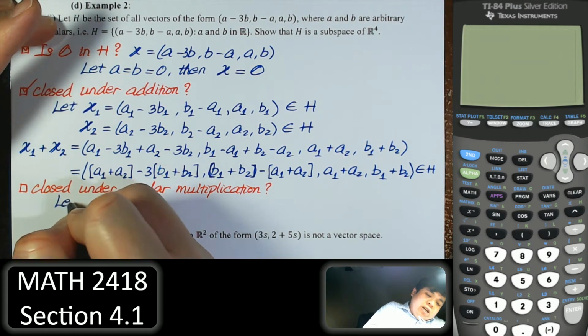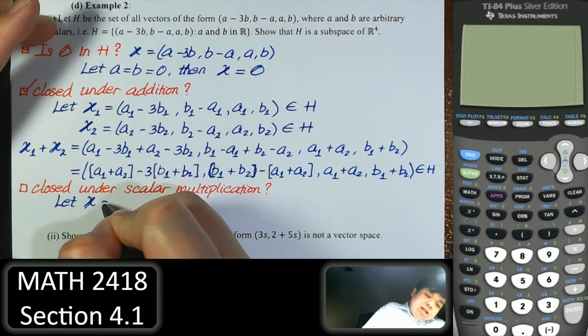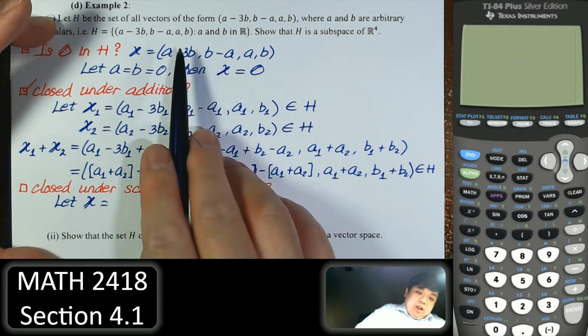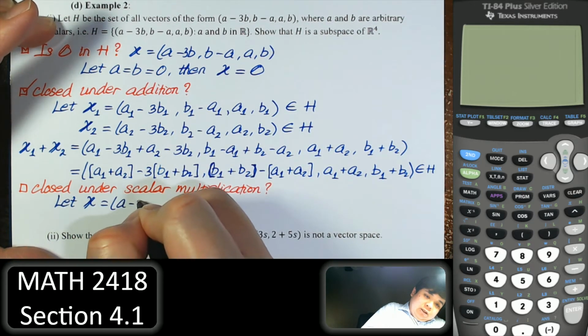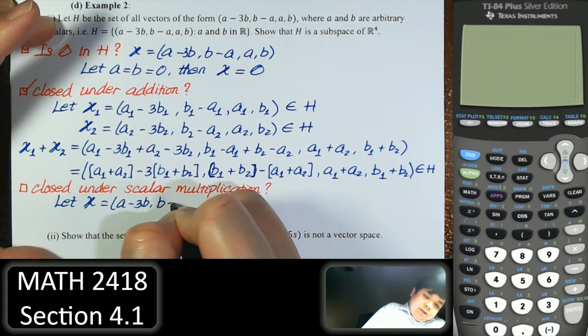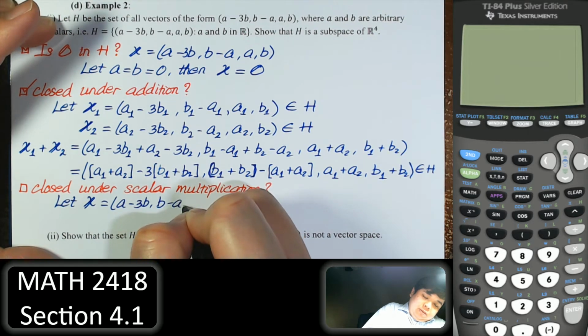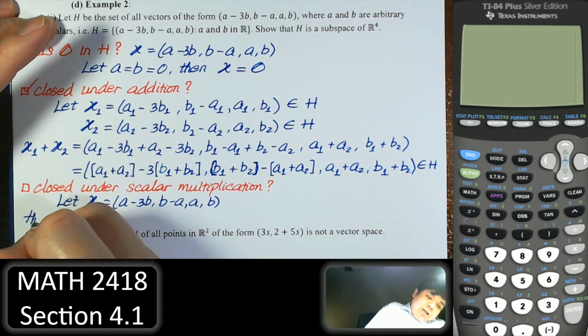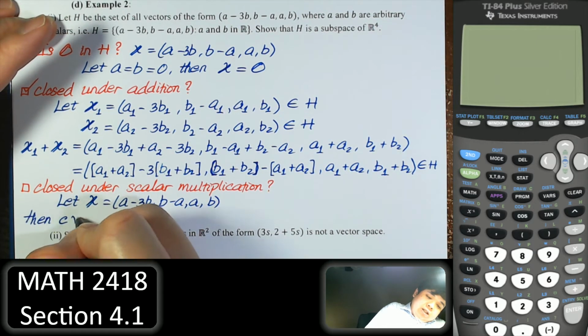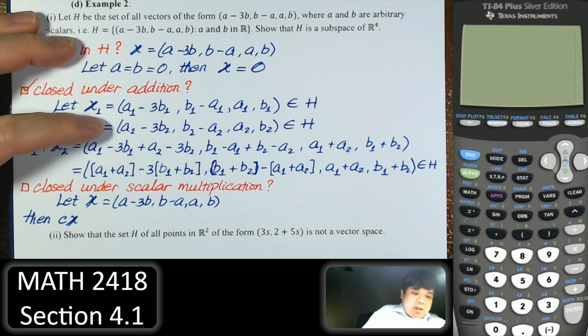So first, we're going to let x be an element of H, meaning that we take this form. Then if we multiply a number into it, what do we have?